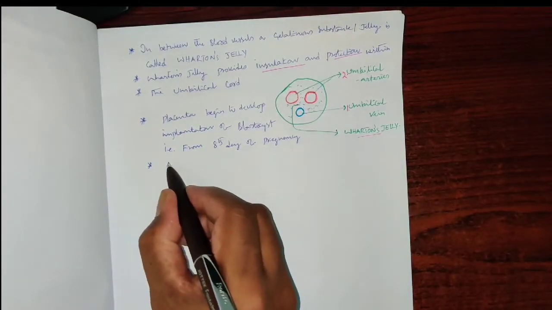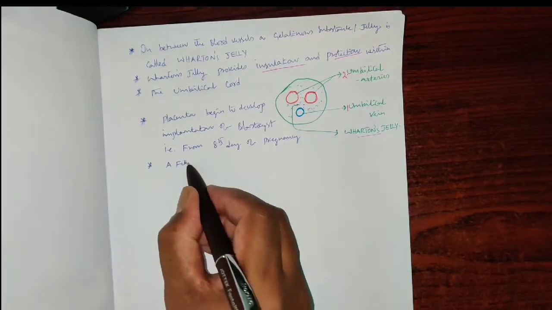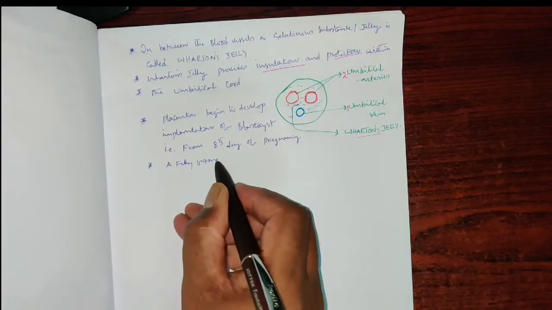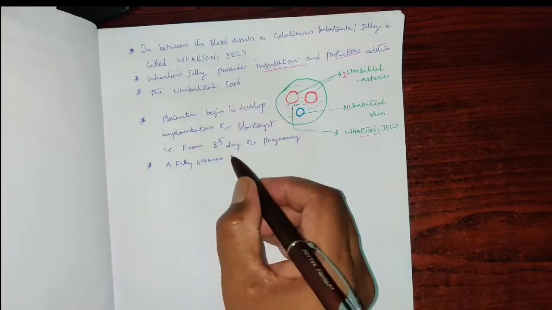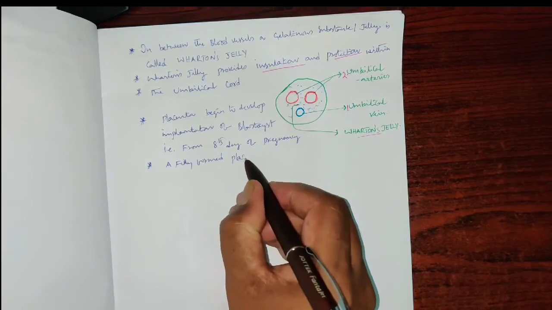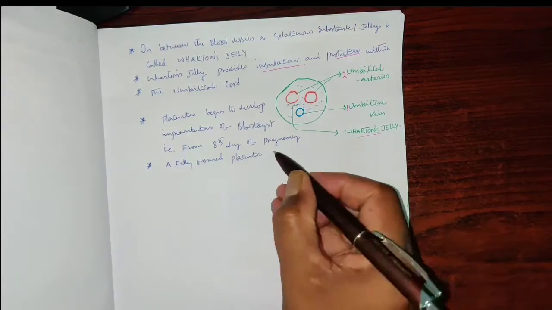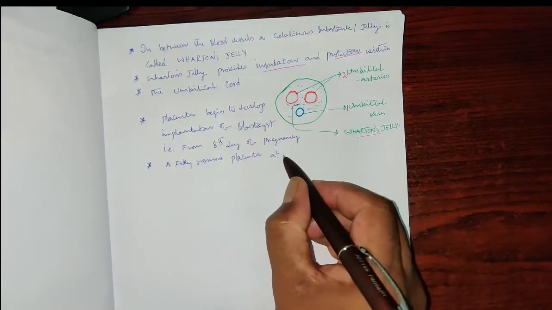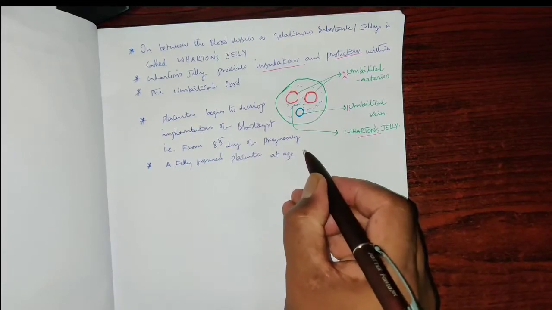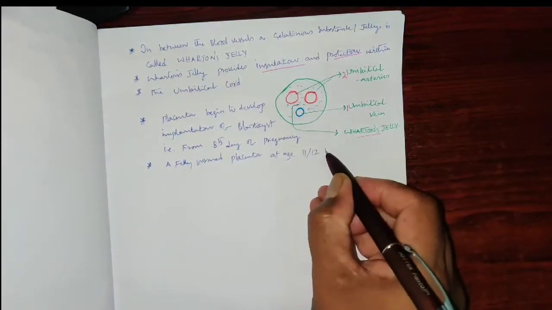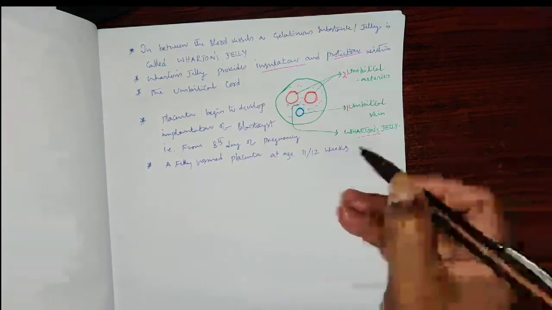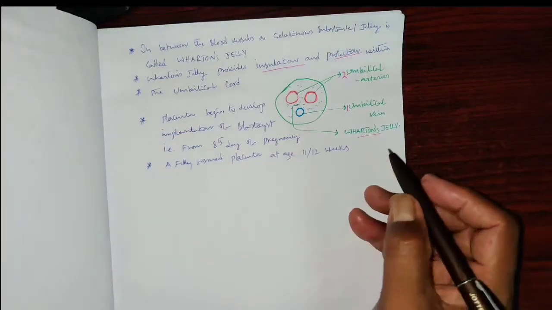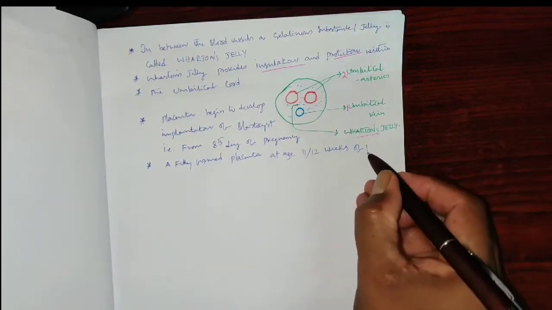A fully formed placenta is present at the age of 11 or 12 weeks of pregnancy.